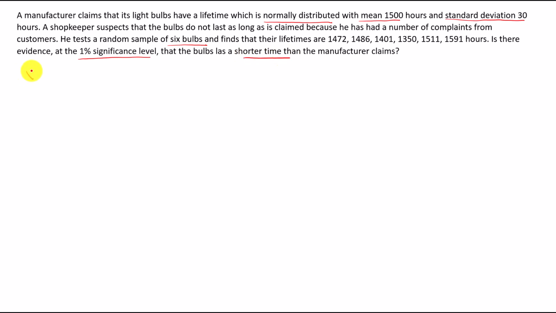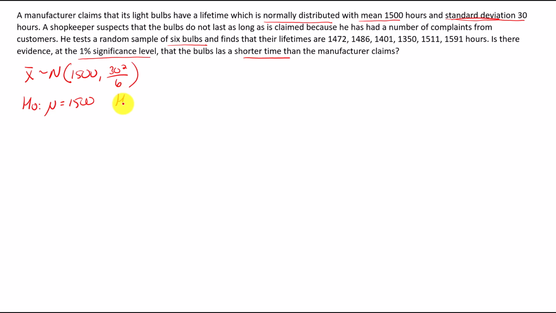So what we're going to say is our sample means, or our distribution of the sample means, is normally distributed with a mean of 1,500 hours. And they gave me the standard deviation here, so I'm going to write 30 squared over n, which was 6. That's what goes there. Then we're going to state our null hypothesis, which is just that mu is 1,500.